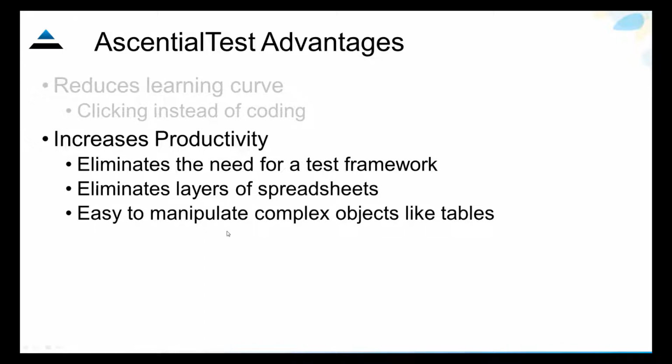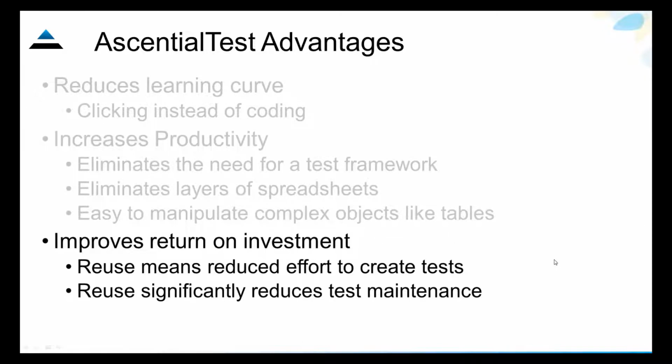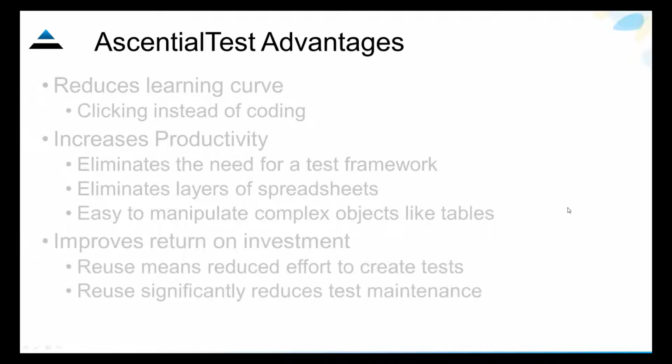We've also made it easy to manipulate complex objects, like the data window. This improves your return on investment. Reuse means a reduced effort to create tests, and reuse also significantly reduces test maintenance. And this is the gotcha in test automation, where you spend as much time maintaining your tests as it took to create them in the first place.